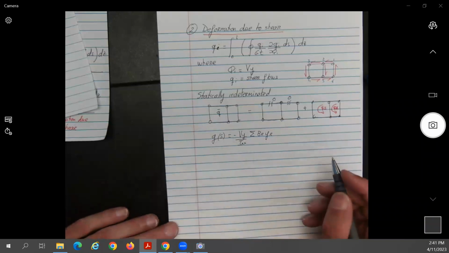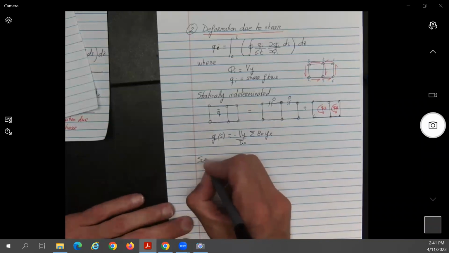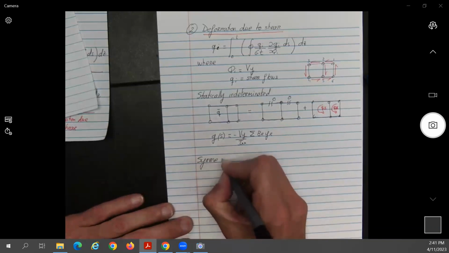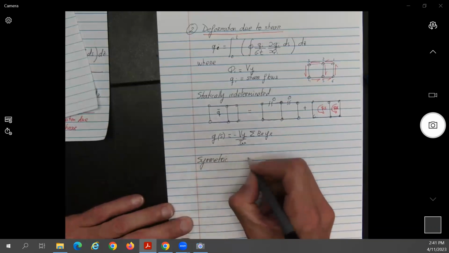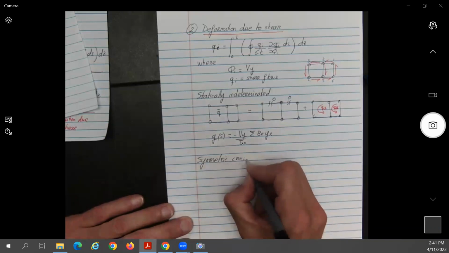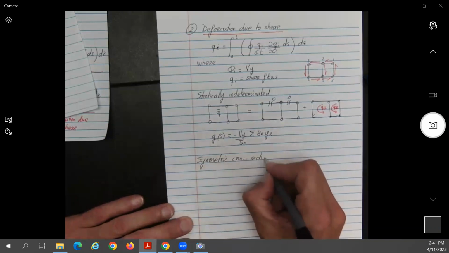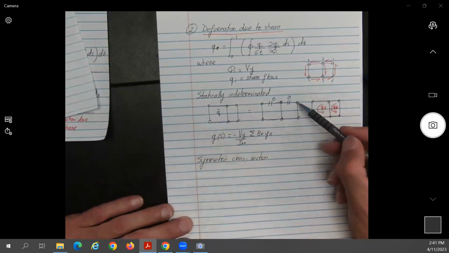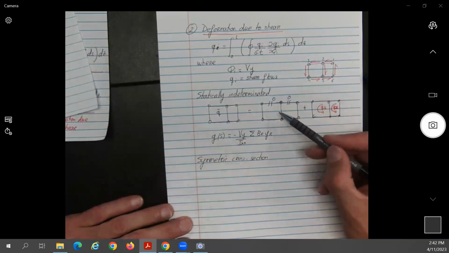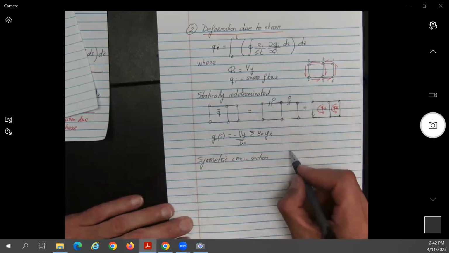Okay, so you can see over here, the cross section is symmetric, no? Because if you look at the values, this value is equal to this one, is equal to this one, is equal to this one. So what does that mean?